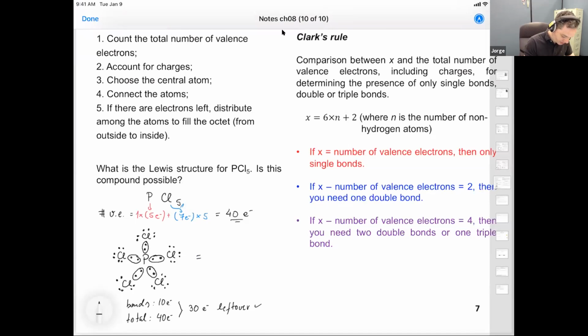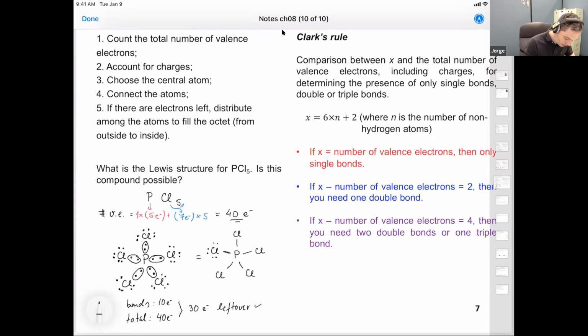Another way to represent this formula, and it's a much better way, is for each covalent bond, we represent it as a trace. And the electrons that are not being used for bonding are called lone pairs or non-bonding electrons.